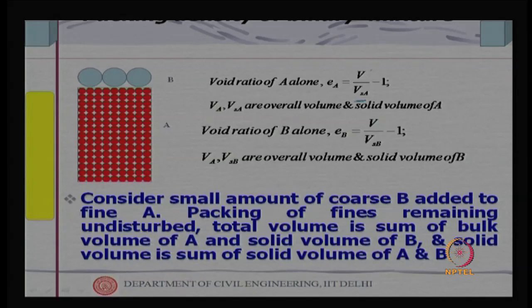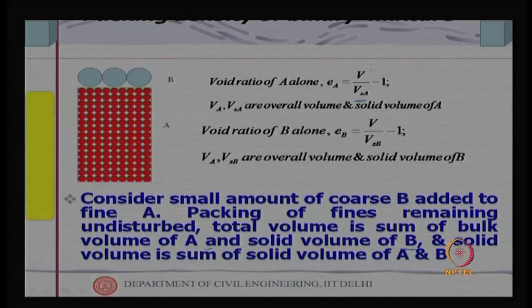Packing of fines remaining undisturbed. Total volume is sum of bulk volume of A and solid volume of B. I just added this, right. Even if I mix it properly, we are assuming that the packing of this one will not be disturbed largely. Packing of fines remaining undisturbed, I just add from top.